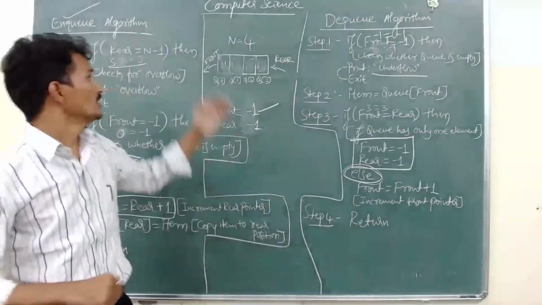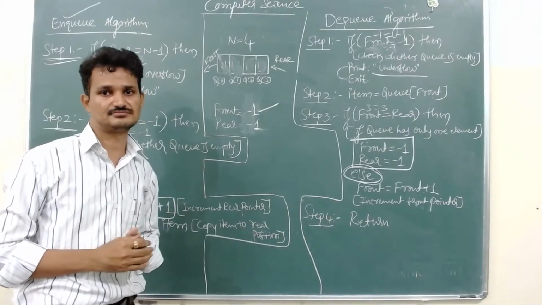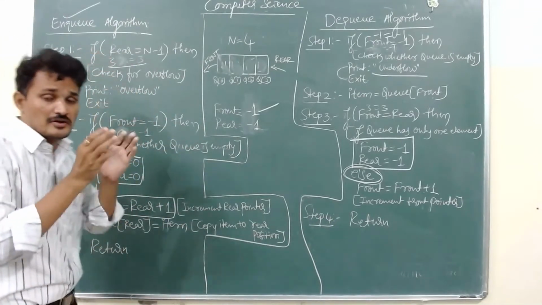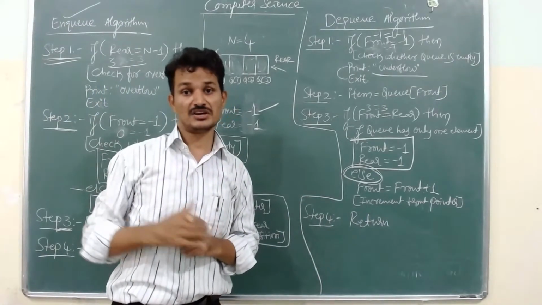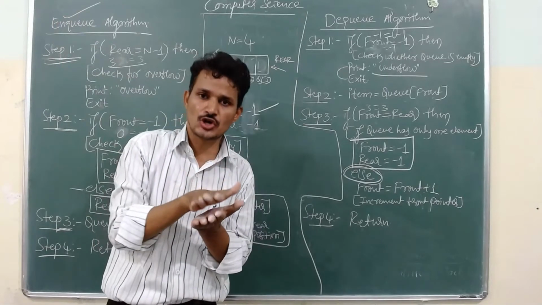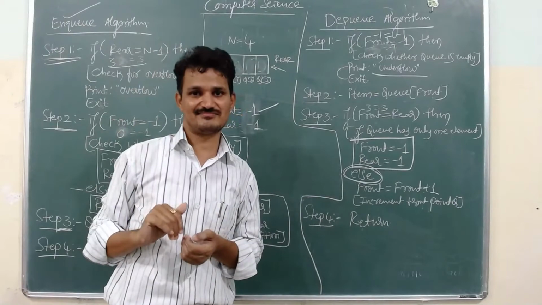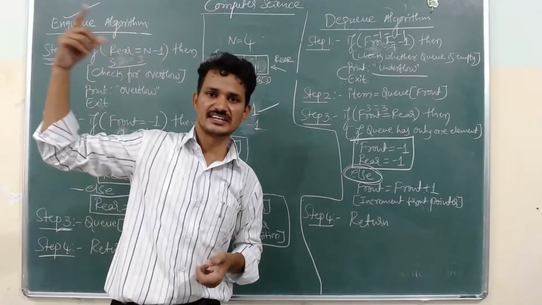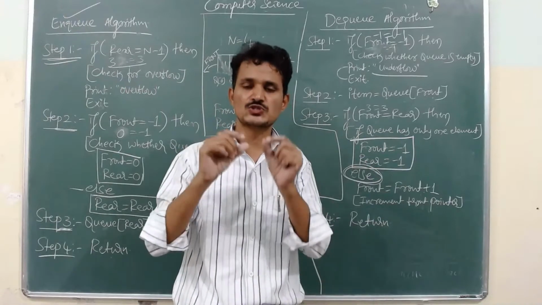But in the Enqueue algorithm, during the process of insertion, front remains constant and rear goes on increasing. In insertion, rear increases. In deletion, front increases. This you need to remember.